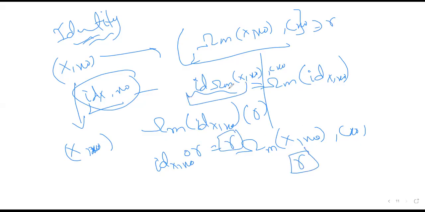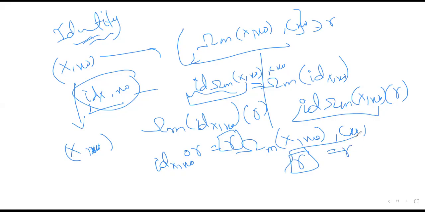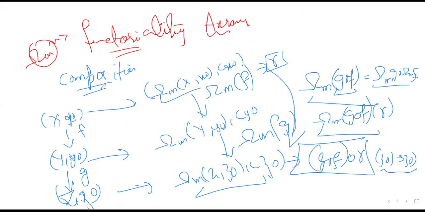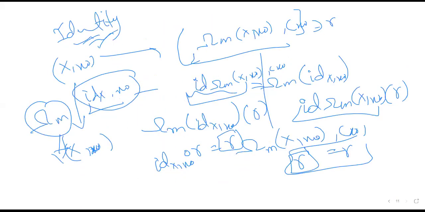Now apply the left hand side: id on Ω^m(X, x0) of gamma. So apply identity, we will get gamma. So we proved the Ω^m endofunctor is a functor because it preserves identity morphisms and it preserves composition. So we can say Ω^m is a functor.